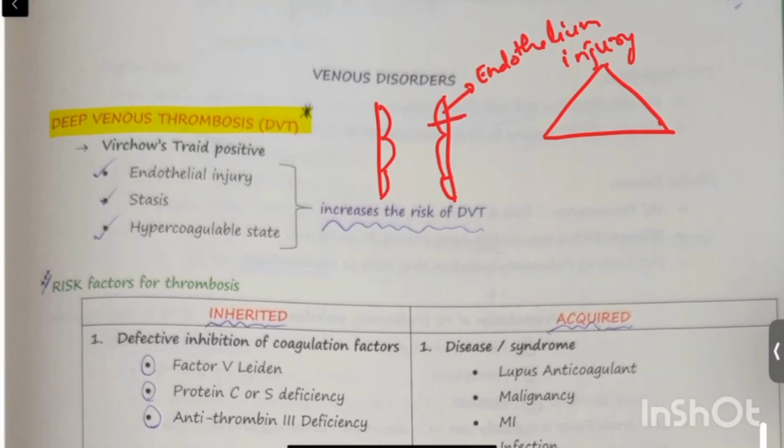Because of that, blood flowing through here contains RBCs, WBCs, platelets, everything. All these blood cells will marginate and try to repair this injury, and because of this there will be a hypercoagulable state.